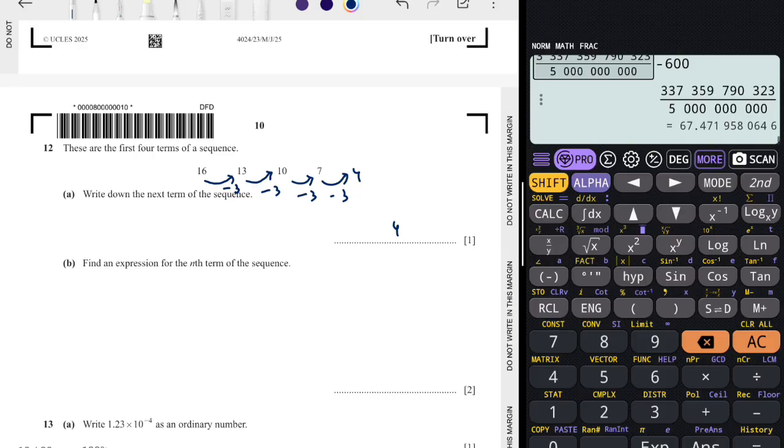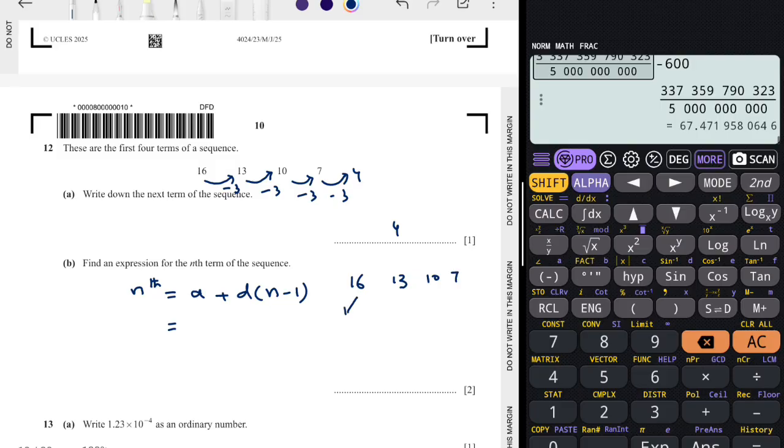Now find an expression for the nth term of the sequence. As the difference is common, the formula would be a plus d times bracket n minus 1. Here a is the first value of the sequence. Let me write the sequence here: 16, 13, 10, 7.